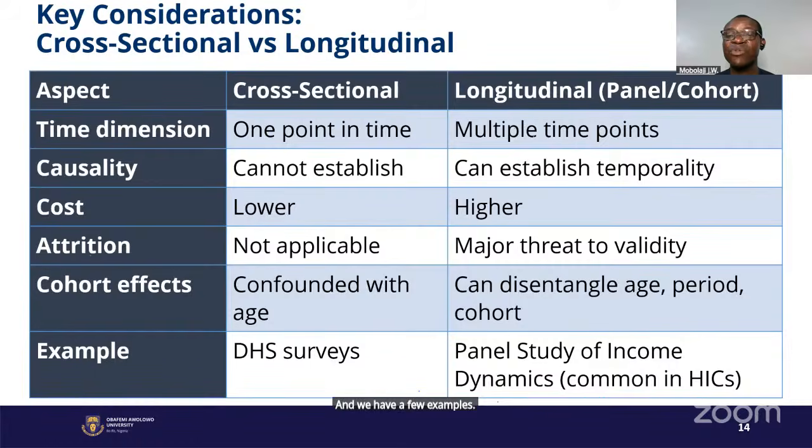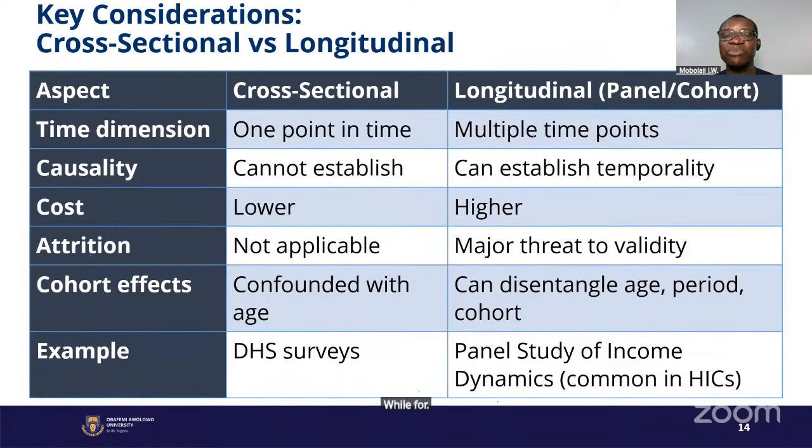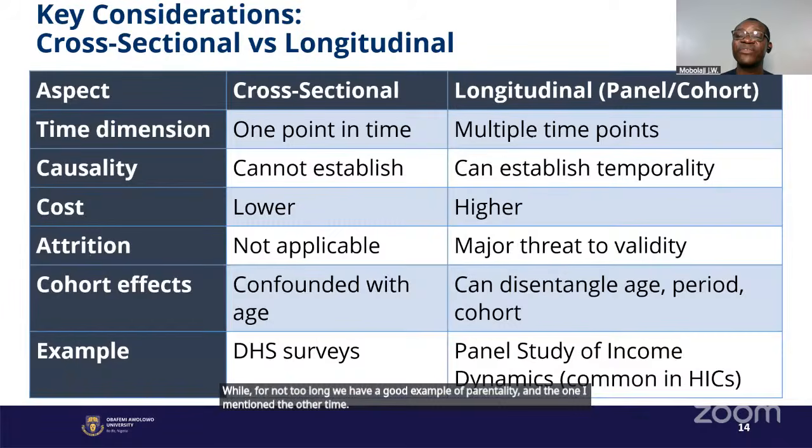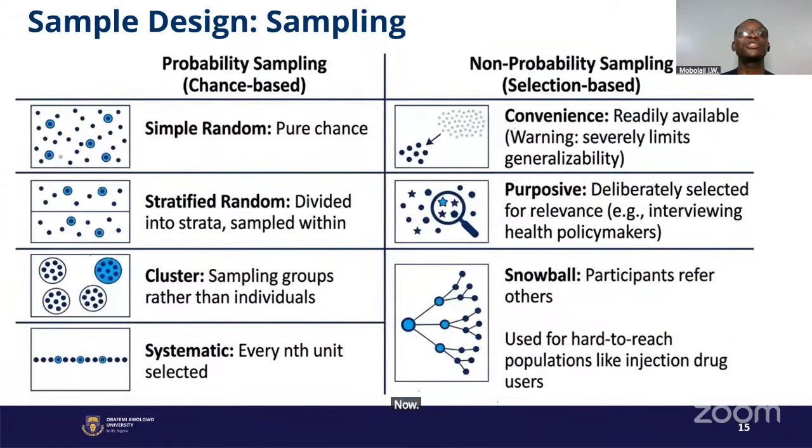DHS, the Demographic and Health Surveys, is an example of cross-sectional study, while for longitudinal, we have a good example in the prostate cancer study I mentioned the other time, being conducted in the UK using over 80,000 samples. Now, let's go to sample design.